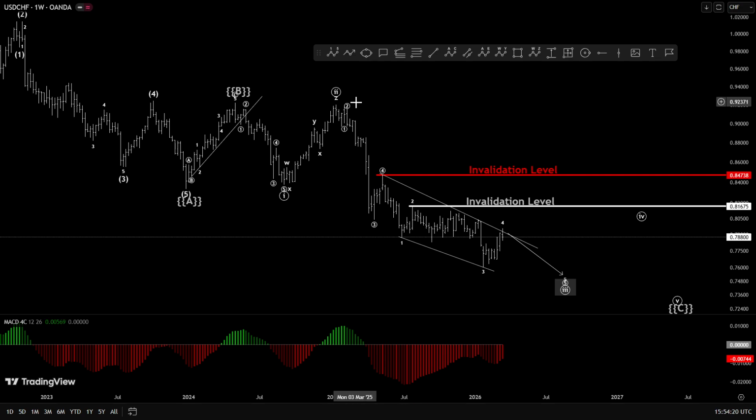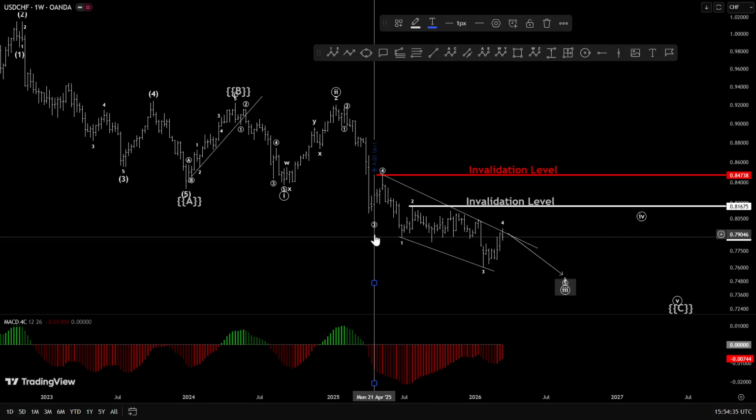We look at this structure which is 1, 2, 3. After wave 3 and 4, we started having low volume. The volume started to lose its momentum after this wave 3 right here. This is wave 3 all the way here. Then we started to lose volume. When you look at the market, it kept going down, but the volume kept going up, instead of the volume going down, which means we are losing momentum.